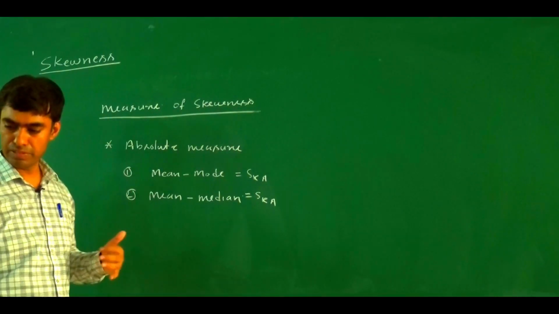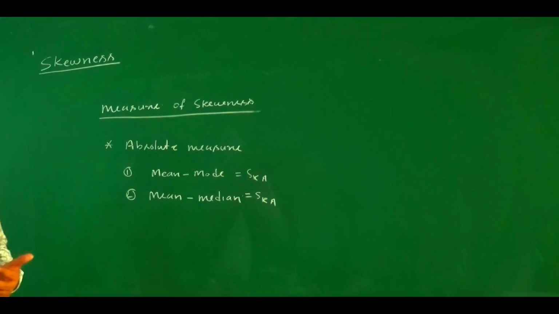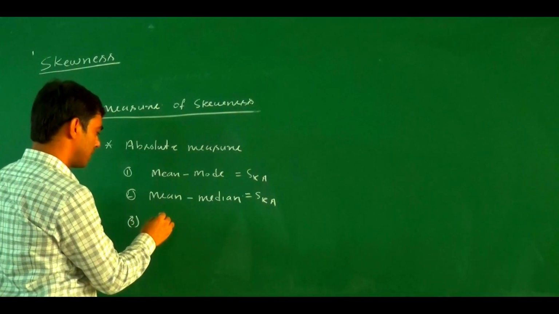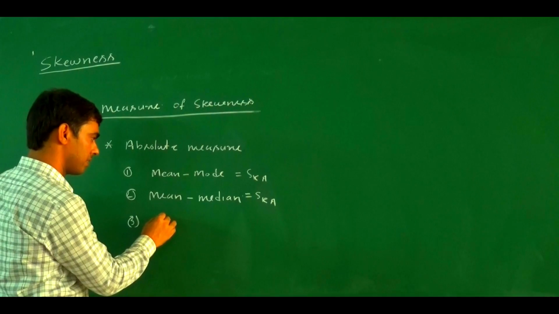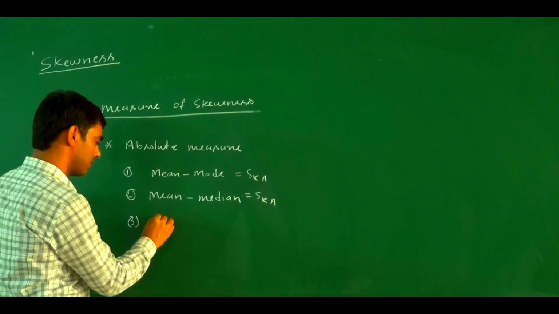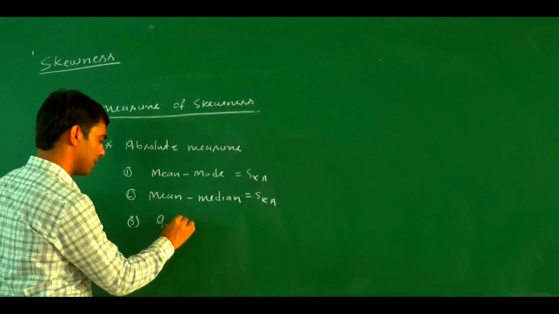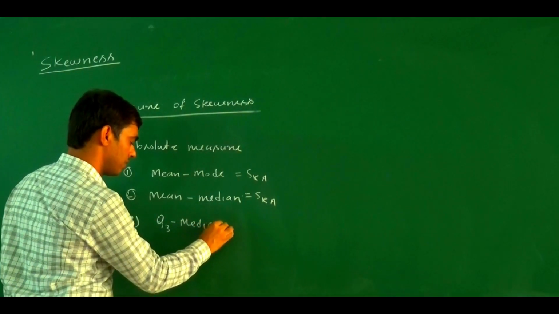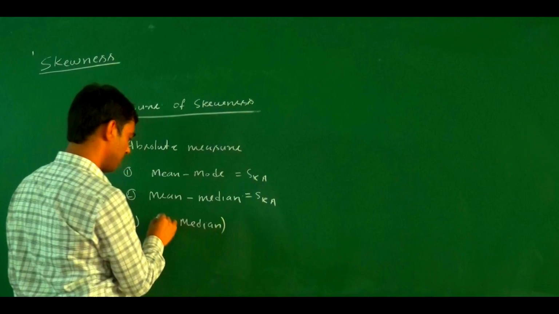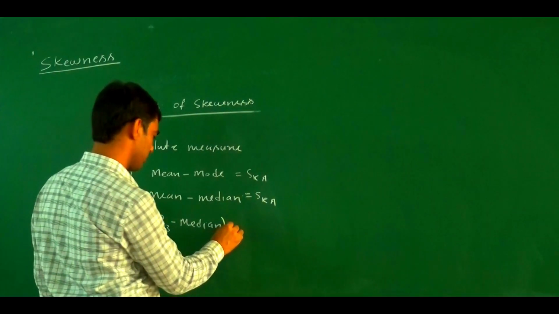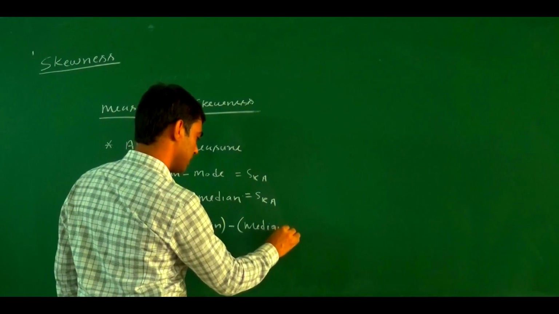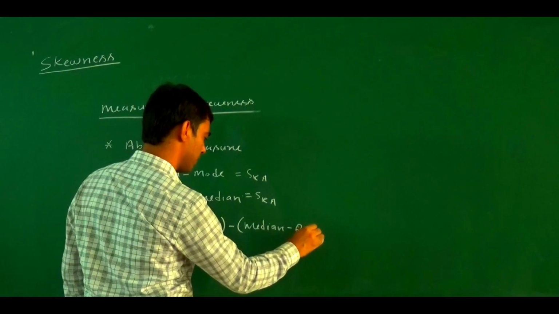Also, in terms of quartile deviation, SK is Q3 minus median plus median minus Q1.